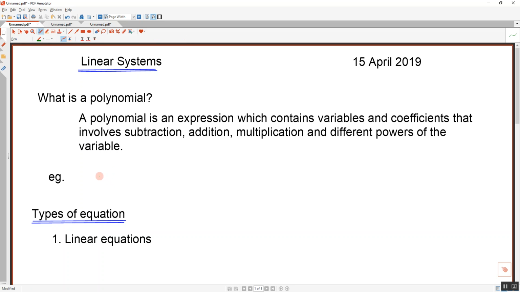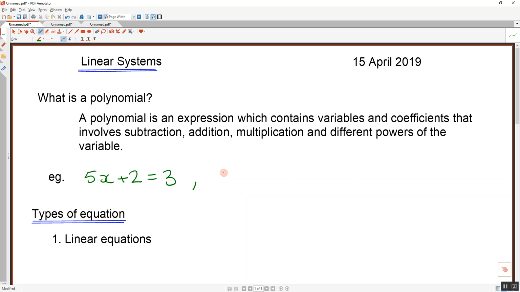Does somebody want to give me an example of a polynomial? 5x plus 2y equals 3. We'll keep it more straightforward. That is an example of a polynomial.